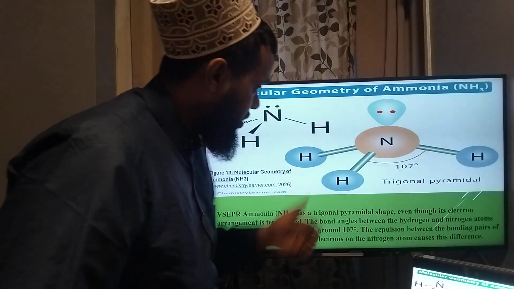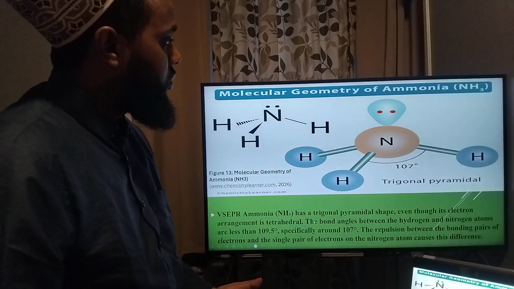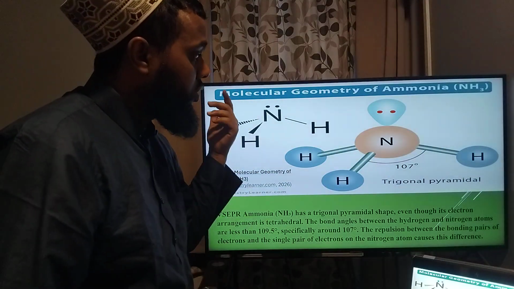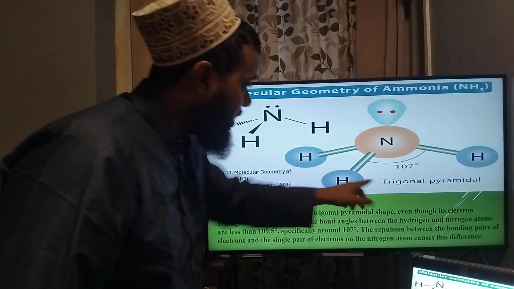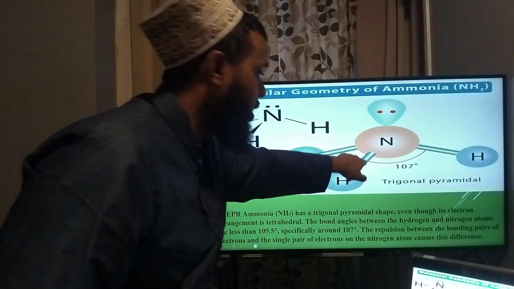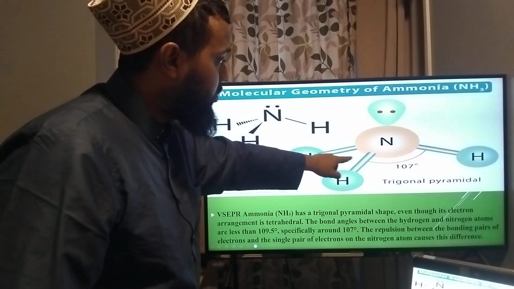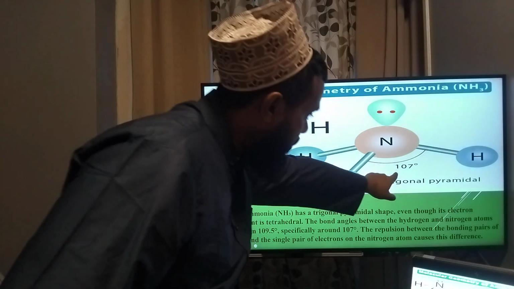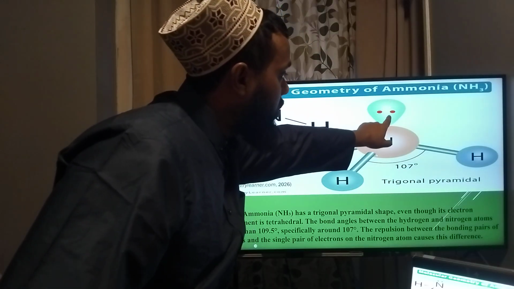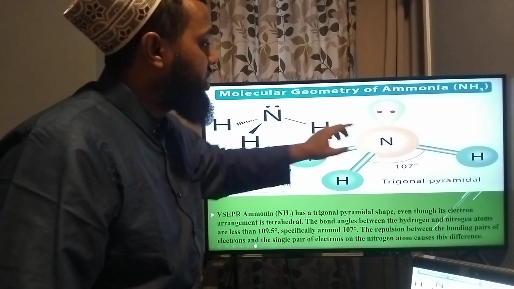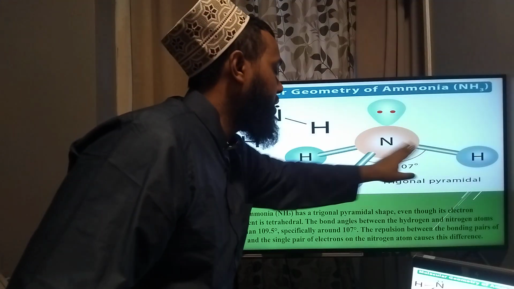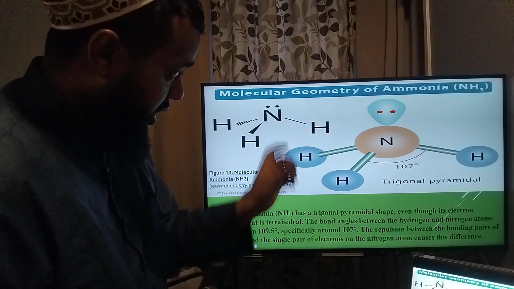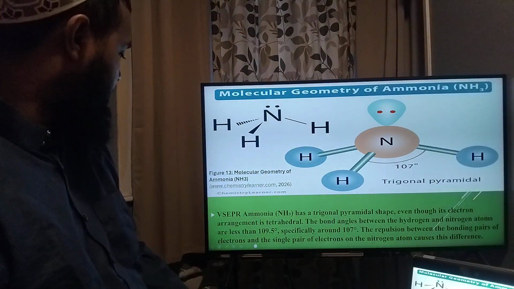So, for example, for NH3, we expect 360 divided by 3, 120 degrees between the bonds. However, we got only 107, because the lone pair of electrons has the power to repel the others more, which means a smaller angle.